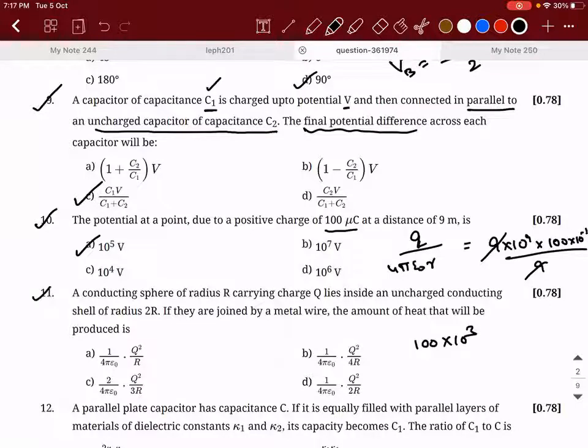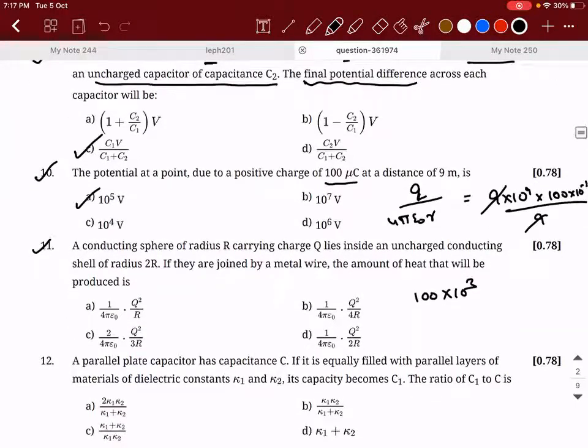Okay, 11th. There is a conducting sphere of radius r carrying a charge q, which lies inside another uncharged conducting shell of radius 2r.